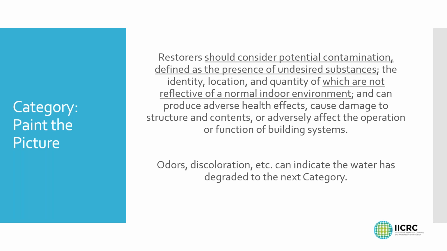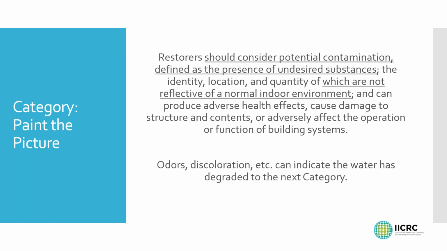However, things in the room could potentially change the category of that loss. So what I want you to do is ask, is this a normal indoor environment that you're entering? That's one way to look at it. Do we have potential contamination that could change the water source into something that's less clean?